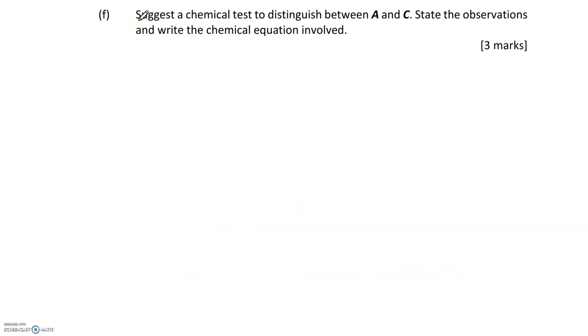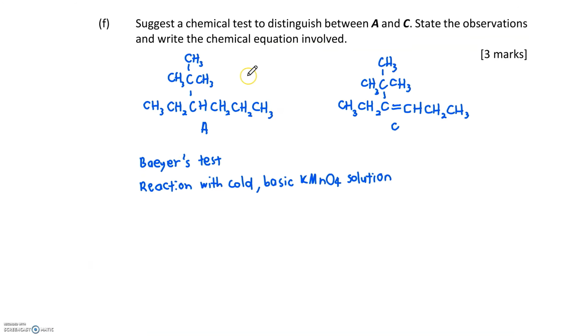For question 2f, we are asked to suggest a chemical test to distinguish between A and C, state the observations, and write the chemical equation involved. This is the structure of compound A and compound C. One of the tests that we can use is called Baeyer's test, which is reaction with cold basic potassium permanganate aqueous solution.